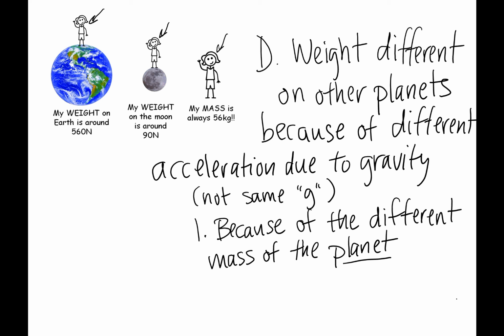You're not gaining or losing any mass. But the Earth has a lot more mass than the moon does. And it turns out that if the mass is different, gravity is different. Hold that thought. Different mass, different gravity. Don't forget that.